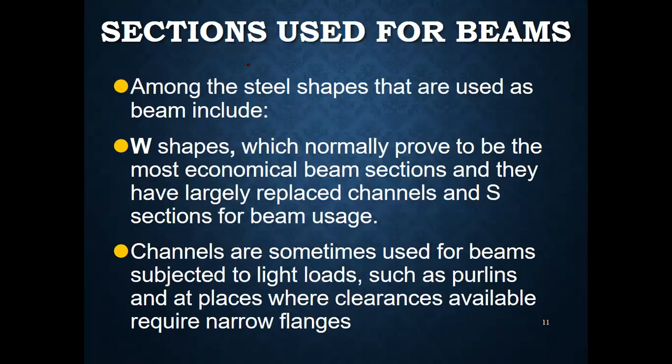Coming towards the sections that can be used for beams, there are many sections that can be used for beams, just like the columns. The most prominent section that is used in case of a beam is the W-shaped section or wide flange section, because it has proved to be the most economical beam section, and it has mostly replaced the channel sections and the S-sections for use as a beam.